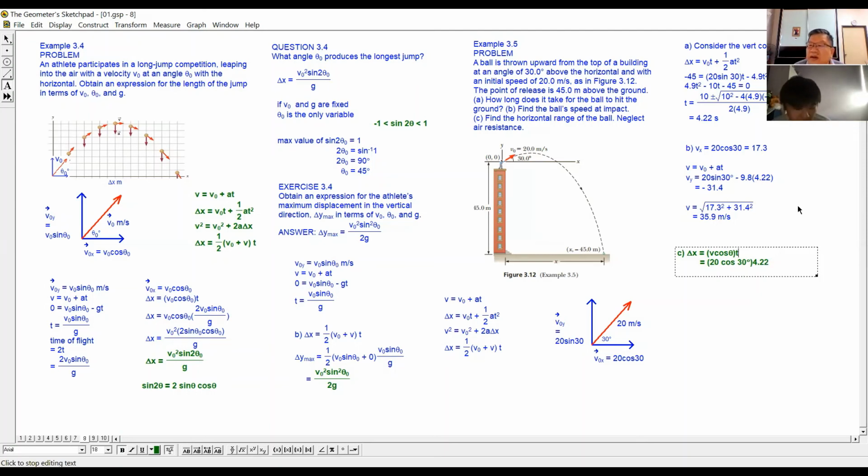How much is that? 73.09, correct. So it's 73.1, because the question uses three significant figures.